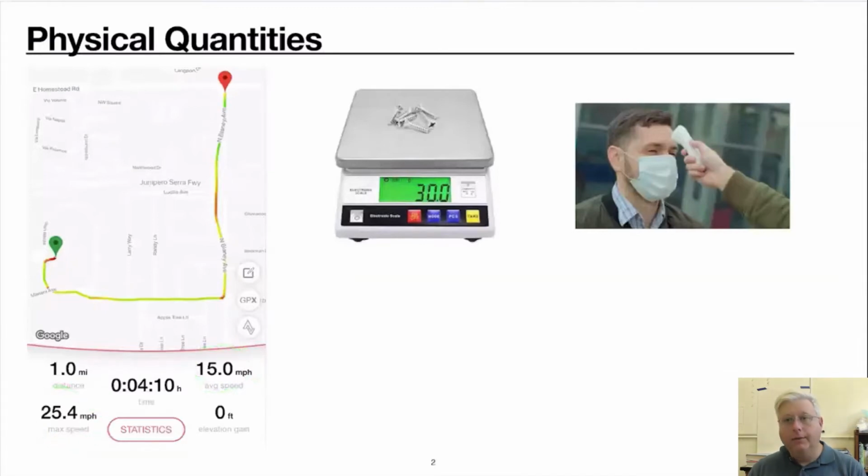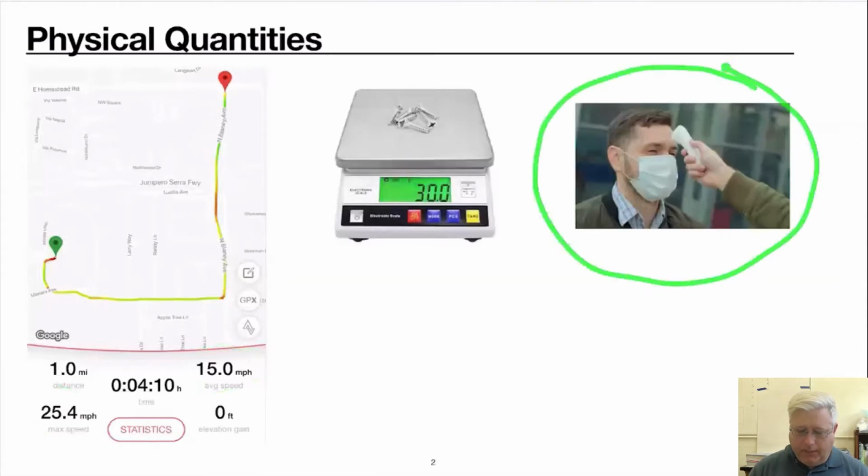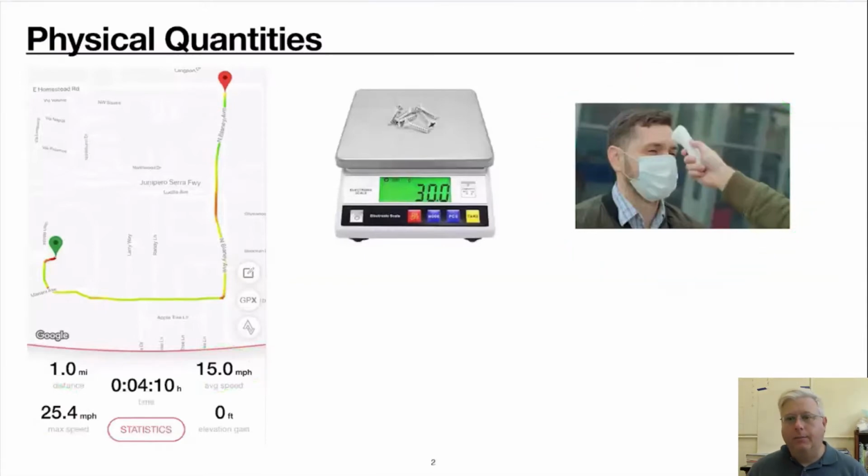So time and average speed are important physical quantities we'll look at. And you probably have had your temperature taken, so temperature is another physical quantity, and we'll study that in more detail in Physics 152. So these are just examples of physical quantities.